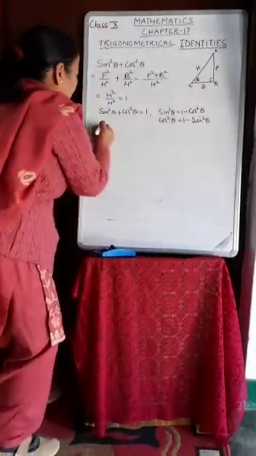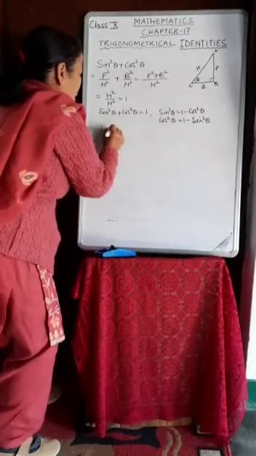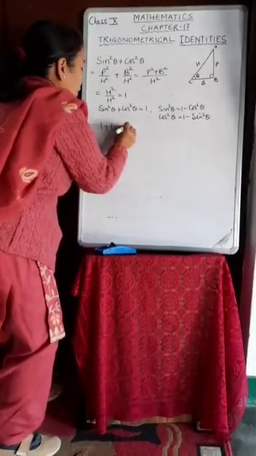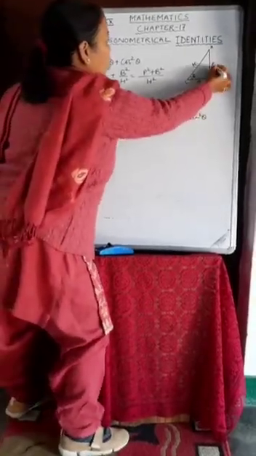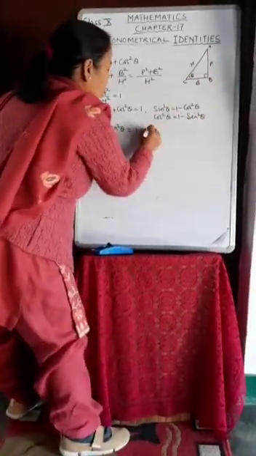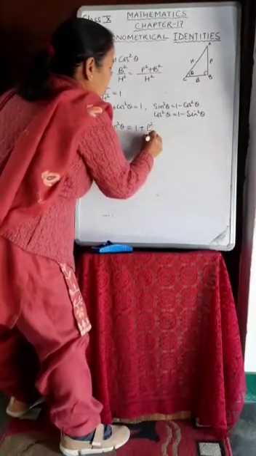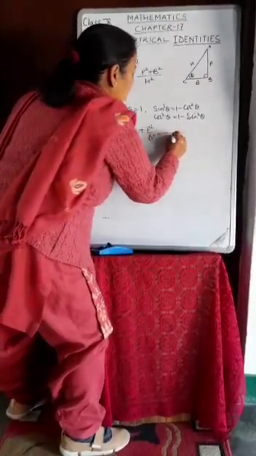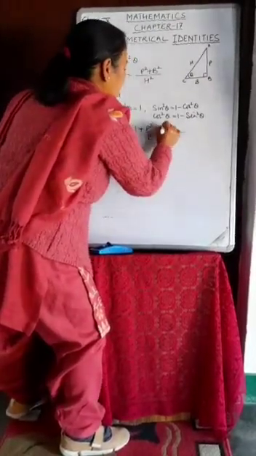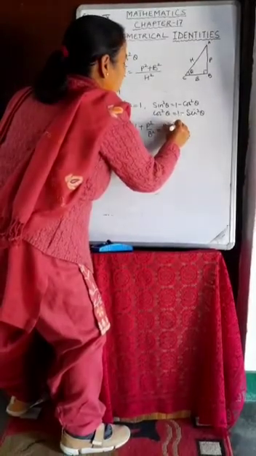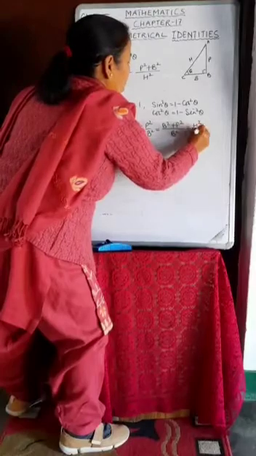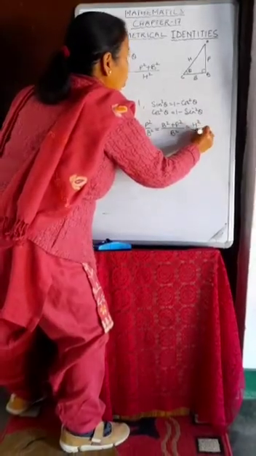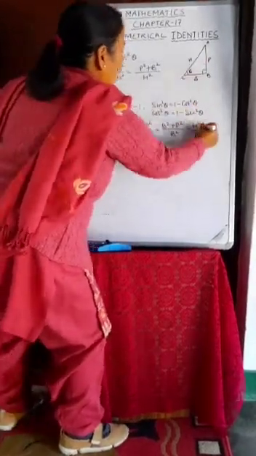Similarly, we have one more relation, that is 1 plus tan square theta. As we know that tan theta equals P upon B, this will be 1 plus P square upon B square. If we take the LCM, B square, it becomes B square plus P square upon B square, which is equal to H square upon B square, and H upon B, hypotenuse upon base, is sec.